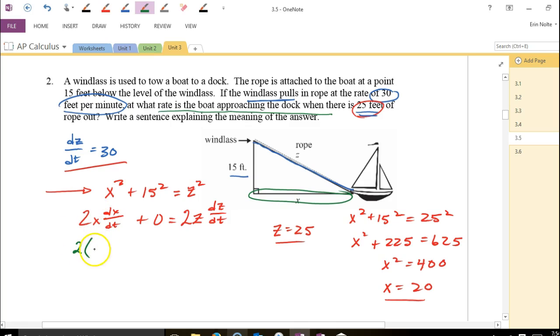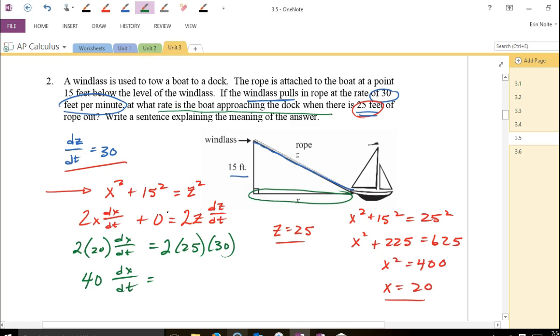Okay, so if I plug in my x value of 20, dx/dt, I'm going to say is equal to, since we got 0 there, 25 and 30 for my rate of change. So we multiply that out, and that gives me 40 dx/dt is equal to, let's see, that would be 50 times 30.